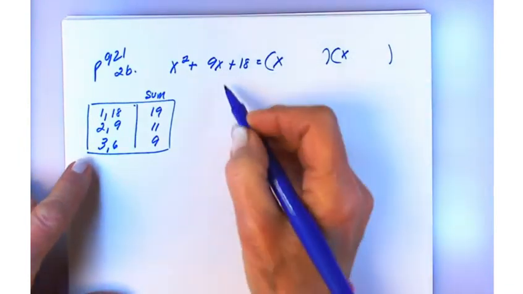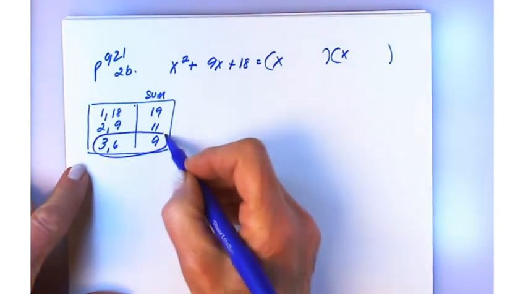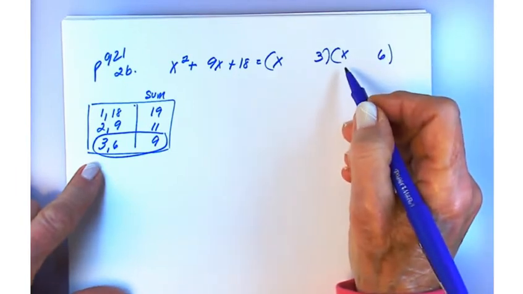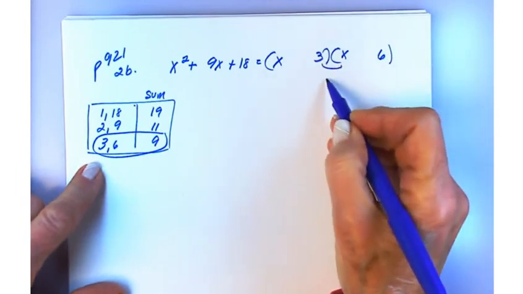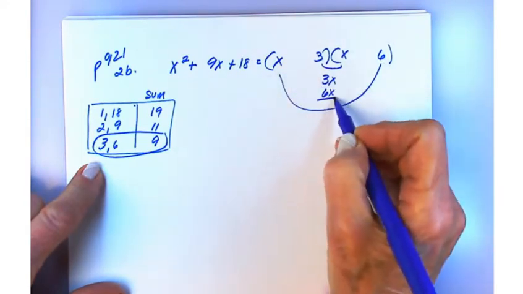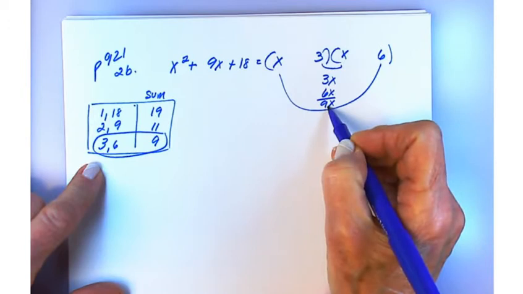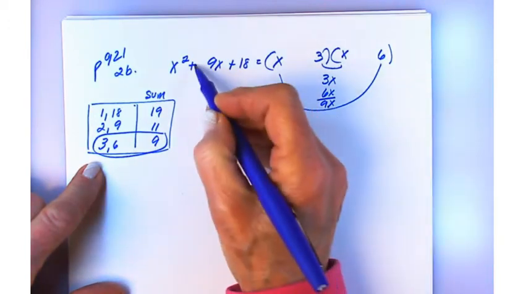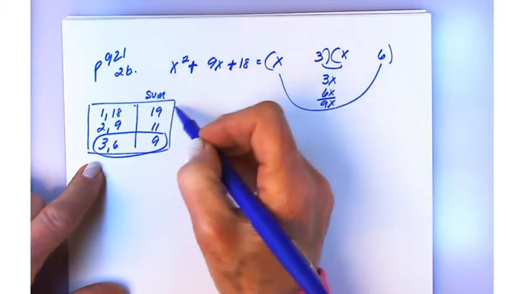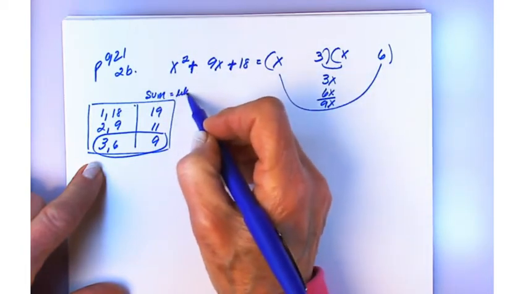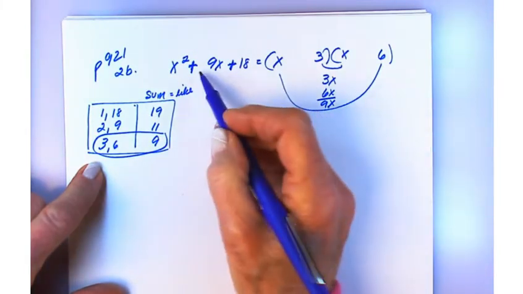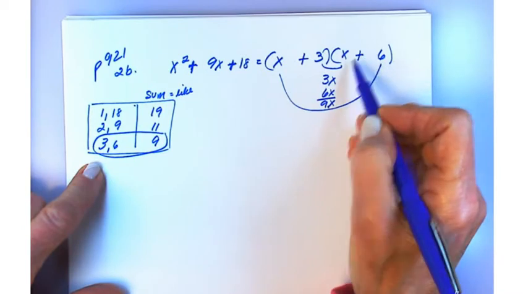We want a 9, so we're going to use 3 and 6. And I have checked my scoops. 3x and 6x gives me 9x. I see my sign. This is a sum, so that meant like signs. They had to be like to get a sum. So I need a positive sign. I want all positive there.